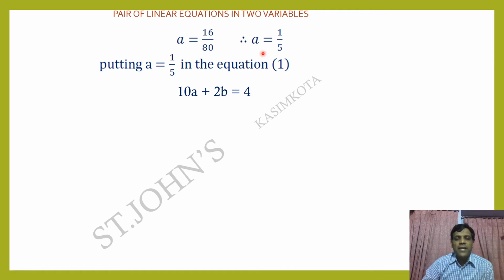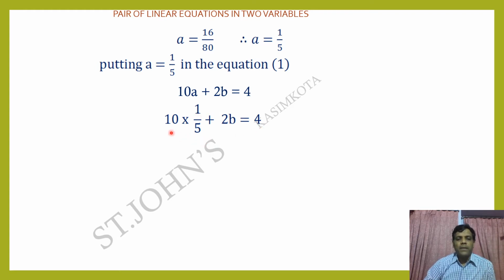What is the value of a here? a equals 1 by 5. Substitute a in its place. 10 into a means 10 into 1 by 5, plus 2b equals 4.